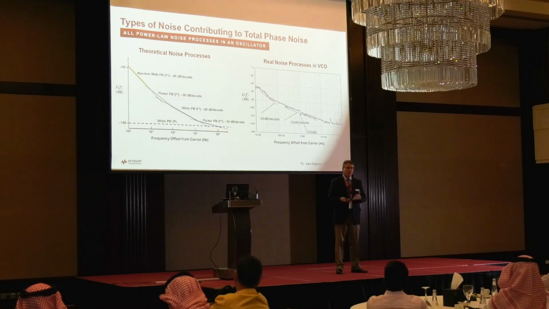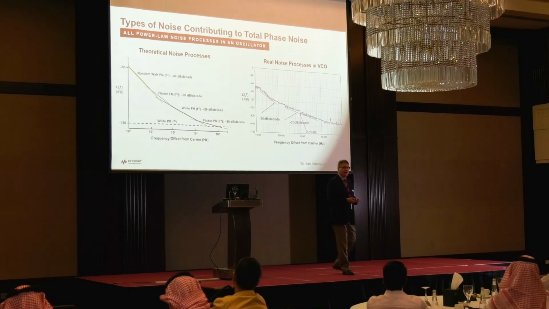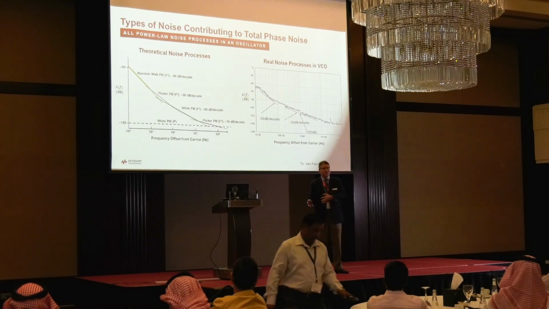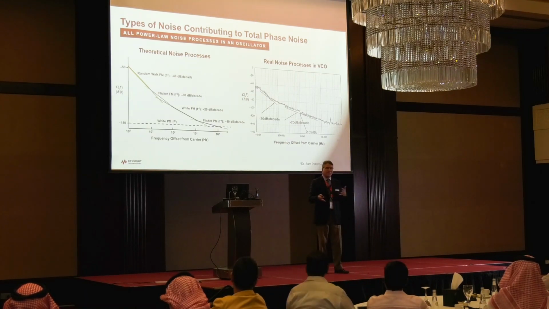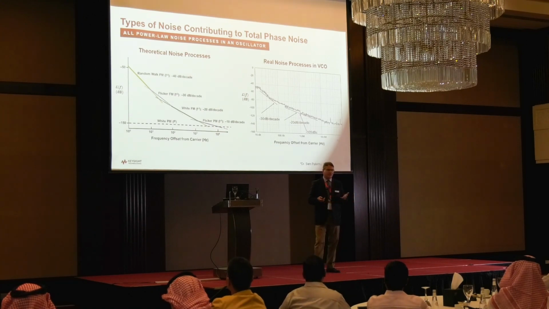So in addition to the f to the -1 noise, there is white FM noise, which has a 20 dB per decade roll-off, flicker FM, and something called random walk. And all of these are based on physics. Different types of systems will have slightly different amounts of each that contribute. It's a function of the physical properties of the semiconductors and other circuits that you have in your device or in your system.